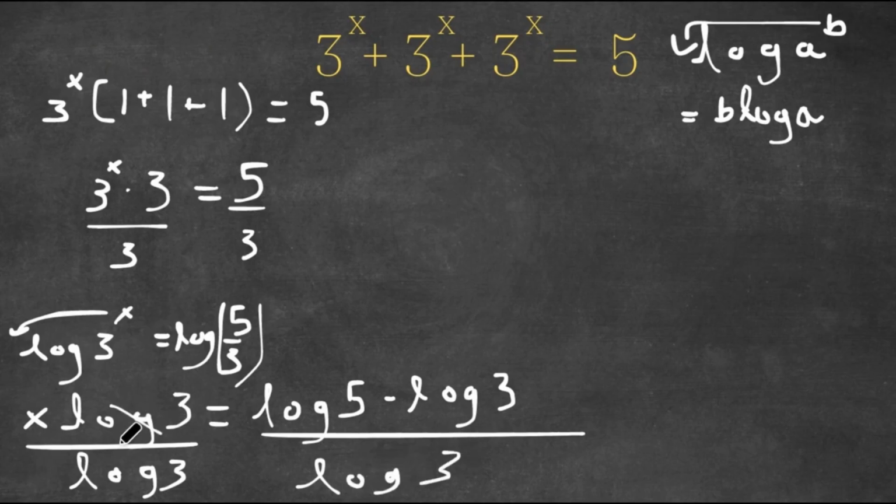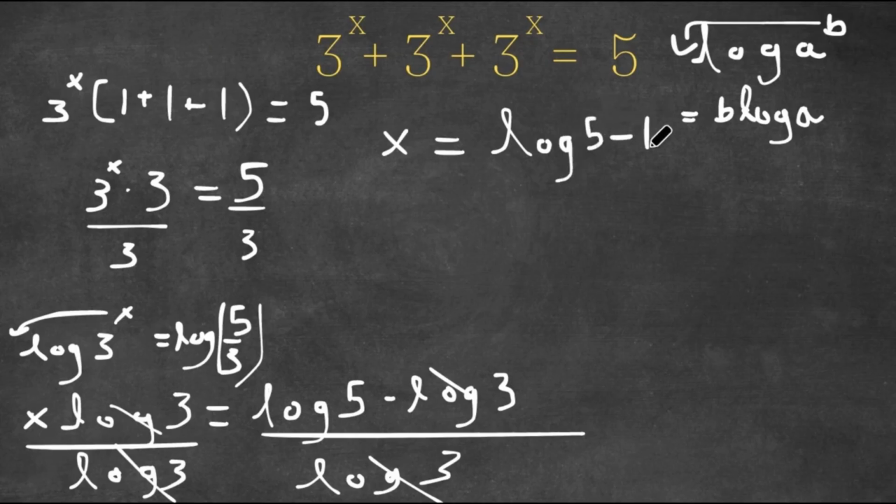Then these two cancel out, these two cancel out, and I'm left with x is equal to log 5 over log 3 minus 1.